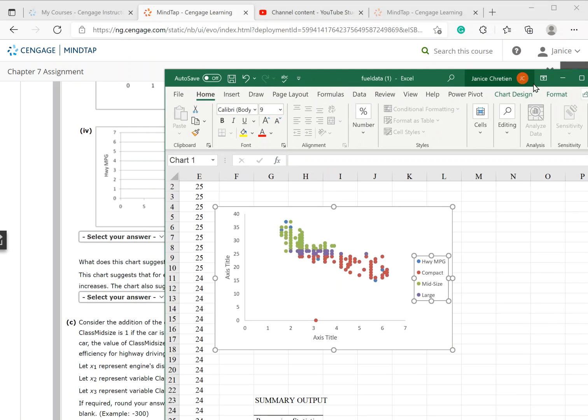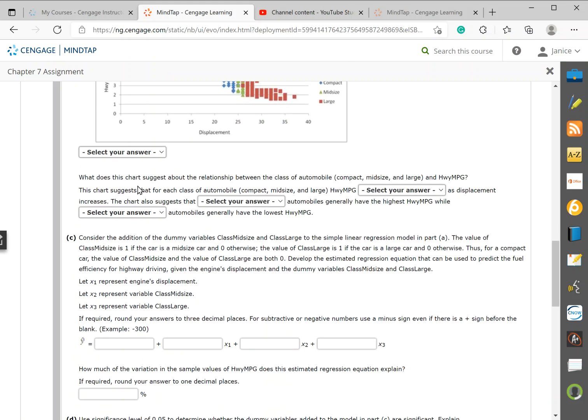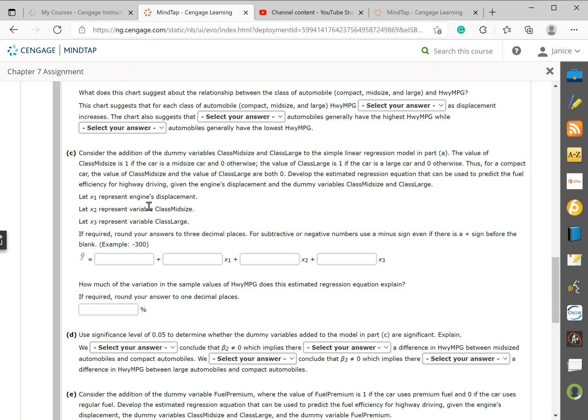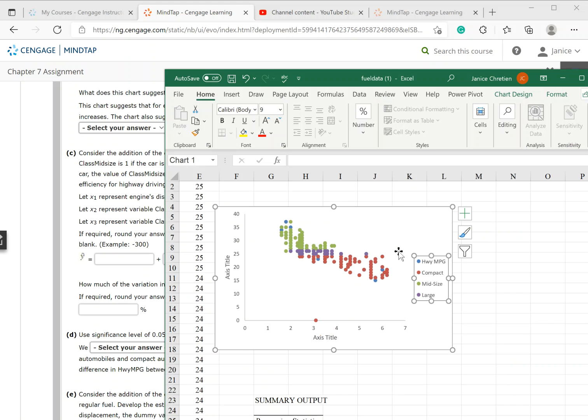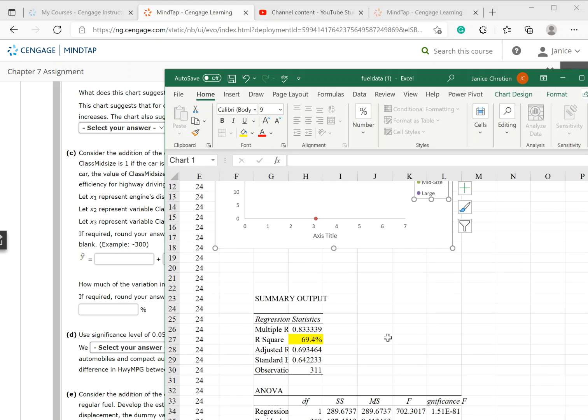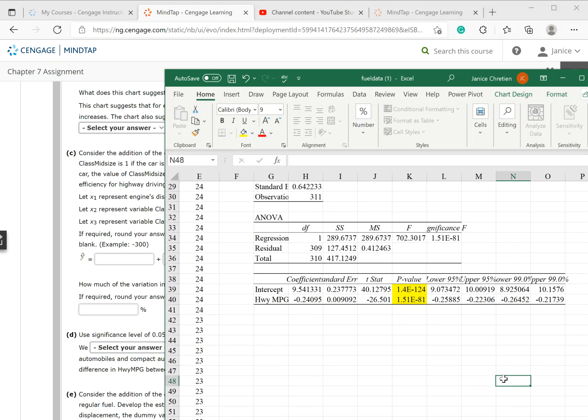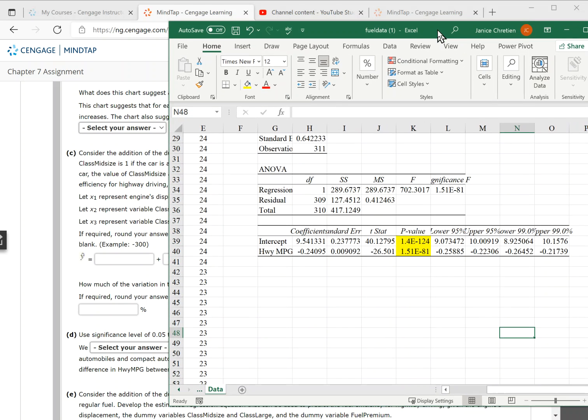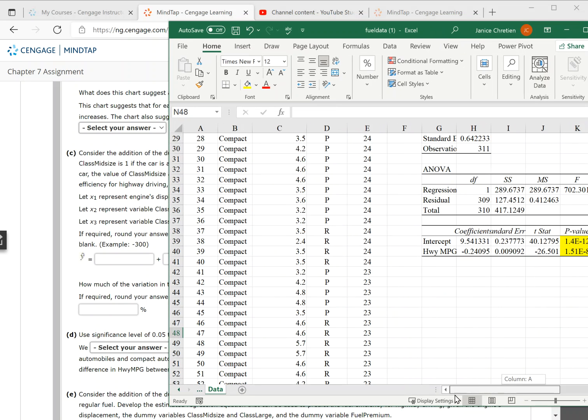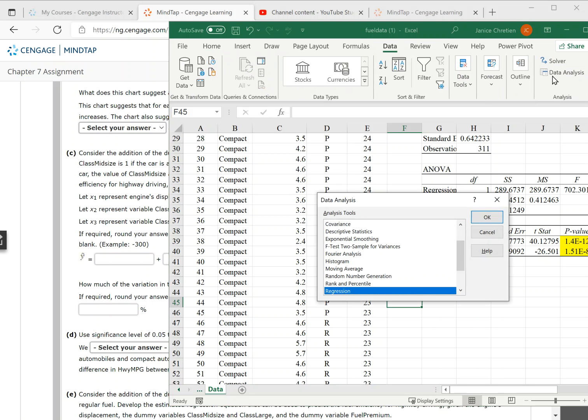Then it asked me to answer some questions, and then it wants me to do a multiple regression like I did in the previous problem. So let's do that down here. So it wants me to do a regression with data analysis.